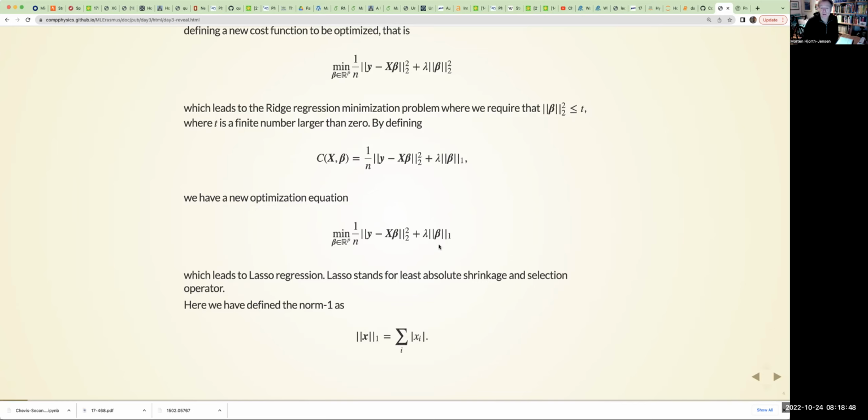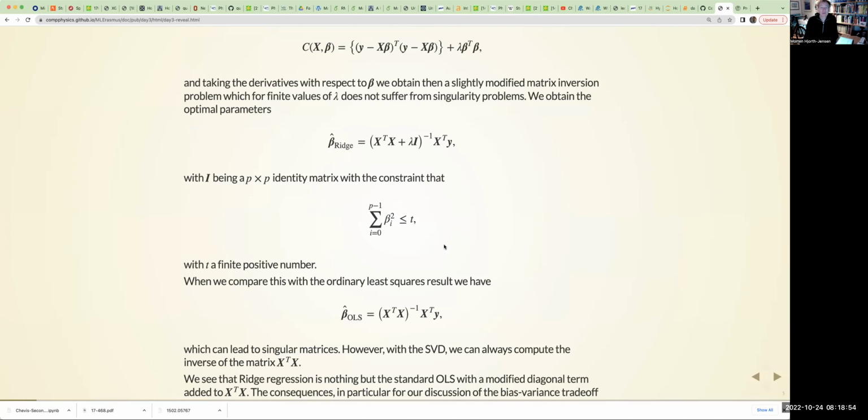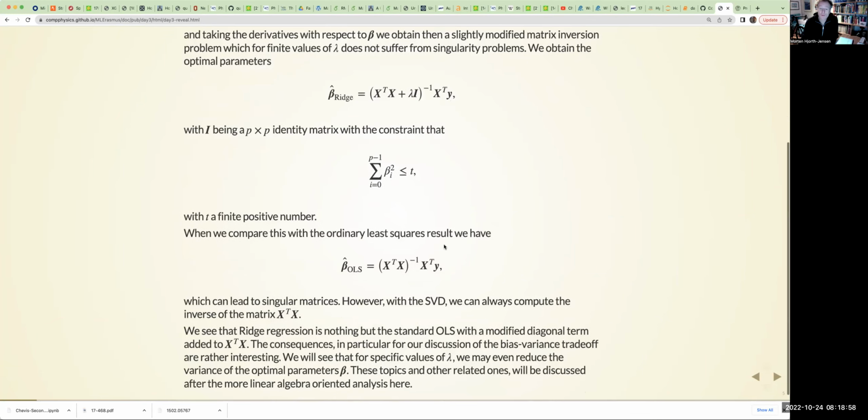And here we have defined the norm 1 of a given vector, which is just the sum of the absolute values. Then what we did was to look at the different codes where we played around with ridge and lasso regression, and we saw this explicit reduction of those parameters which could be less important. So it's a way to actually reduce the dimensionality.